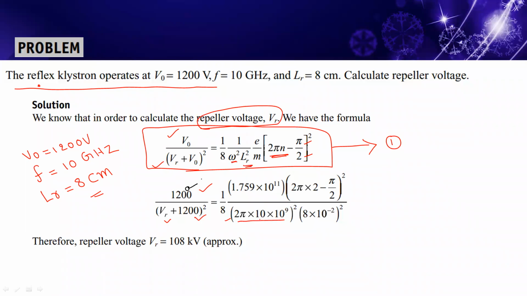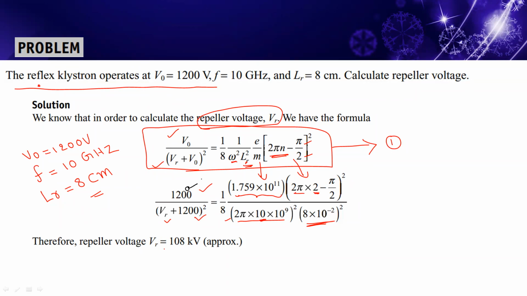So L they mention, that is the 8 centimeters. E by M ratio 1.759. 2 pi n, so 2 pi n equal to 2, pi by 2 square.